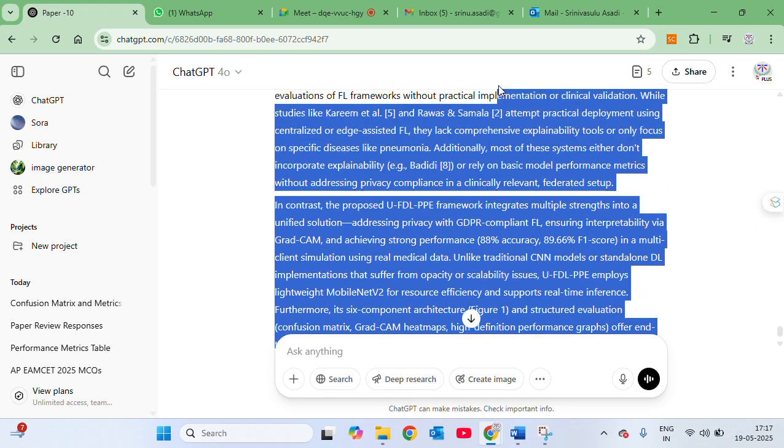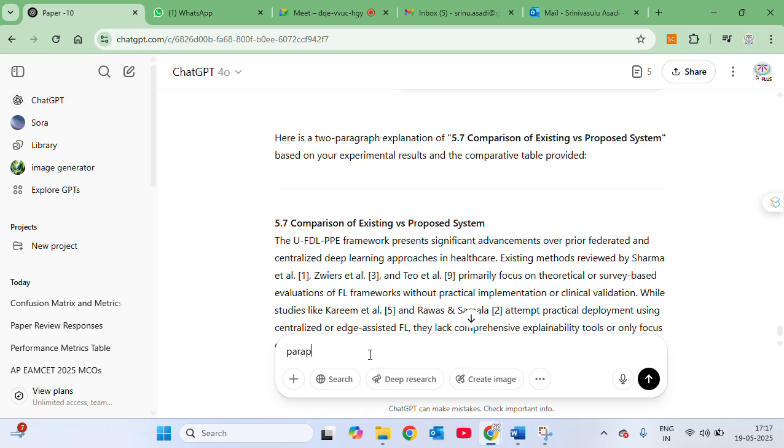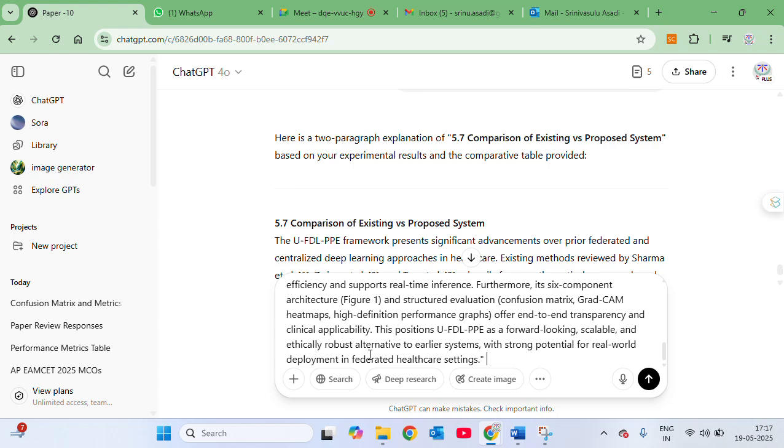Now we need to paraphrase and make it into humanoid text for this data.